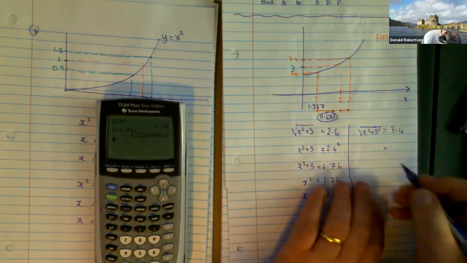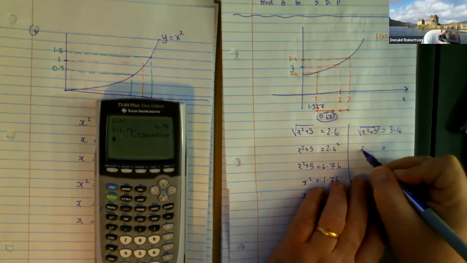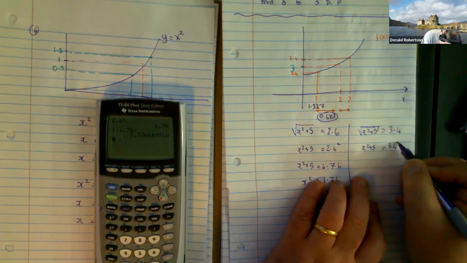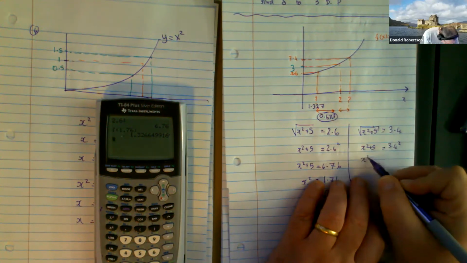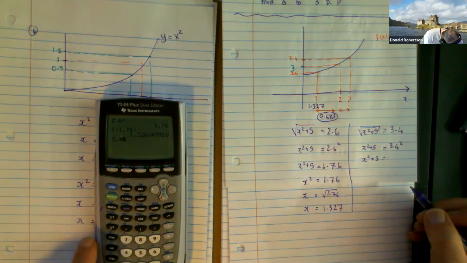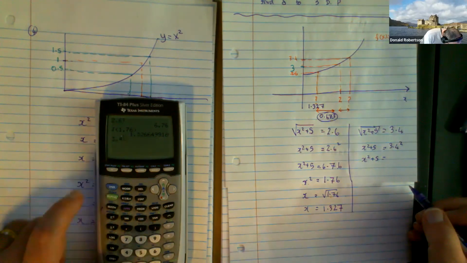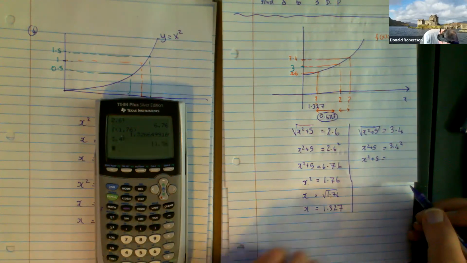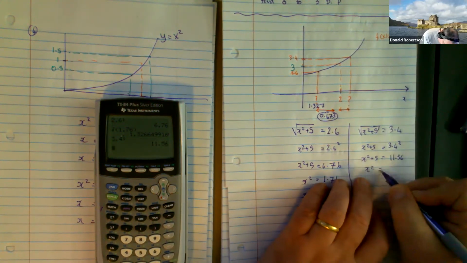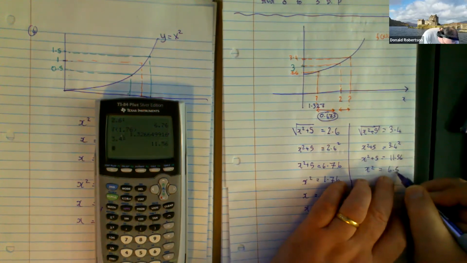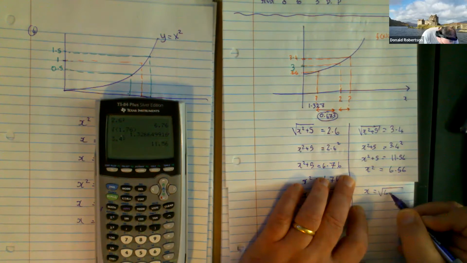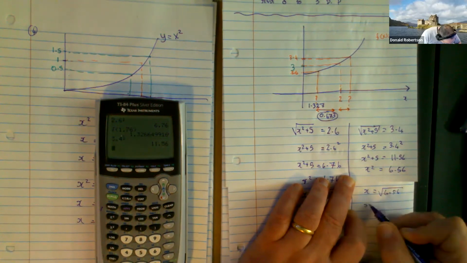If you square both sides again, you get x squared plus 5 equals 3.4 squared, which is 11.56. If you then take away 5 from both sides, you get 6.56. Take the square root of both sides, and you are done.